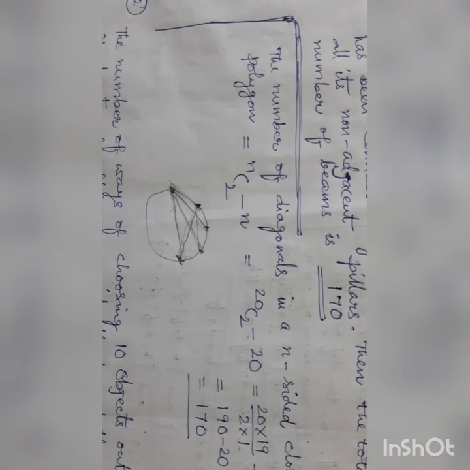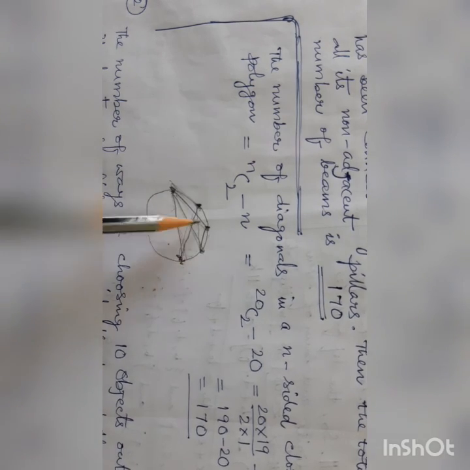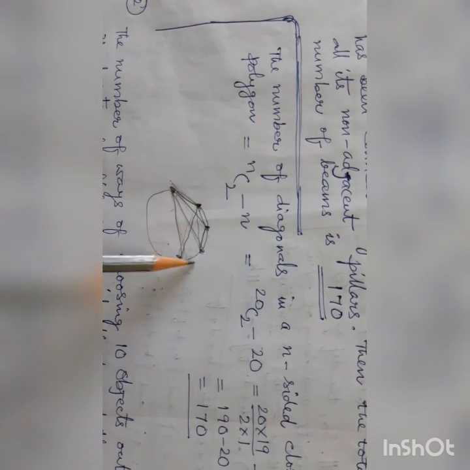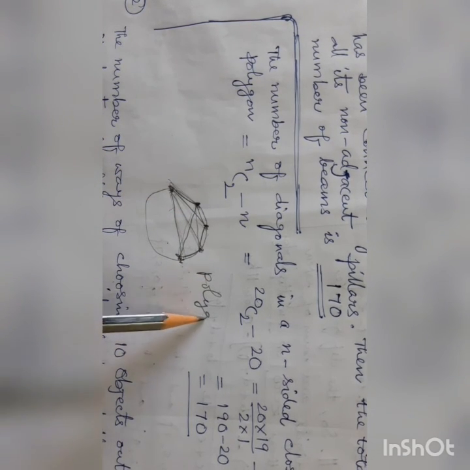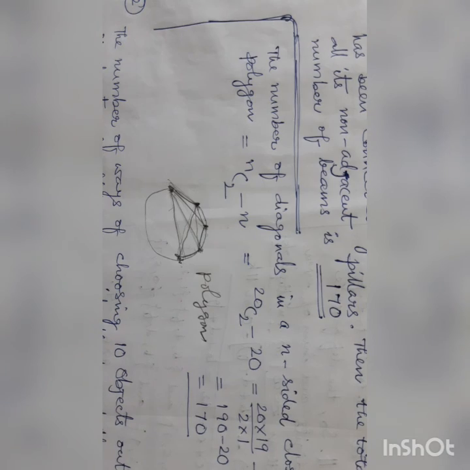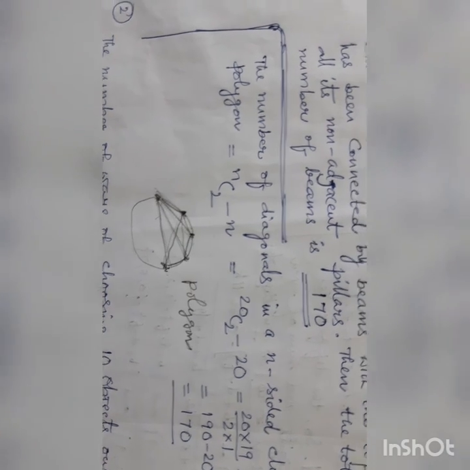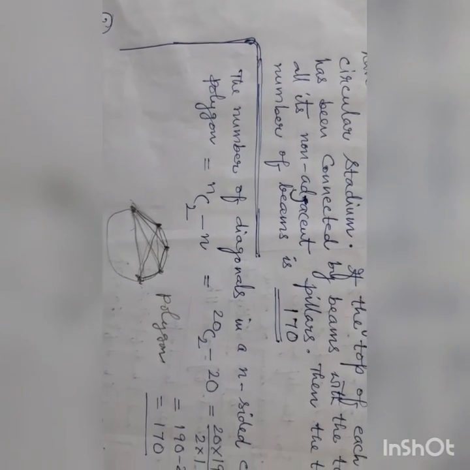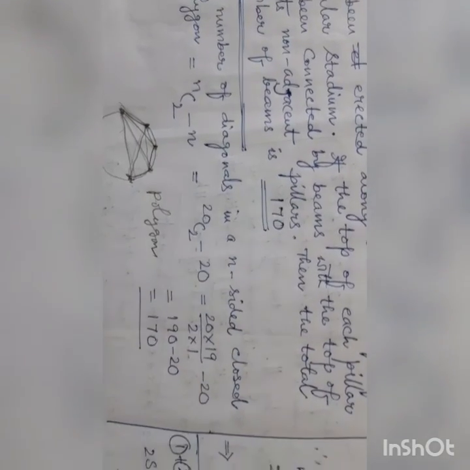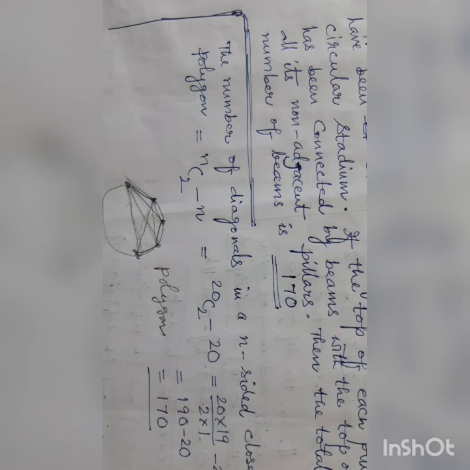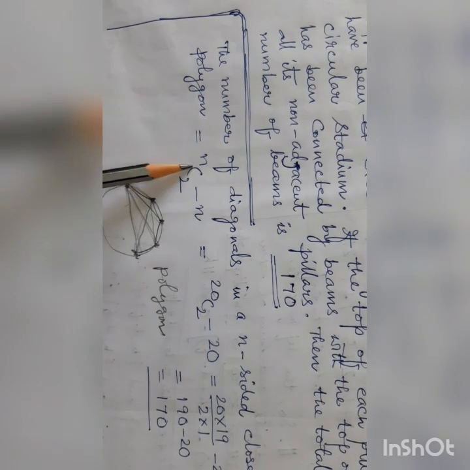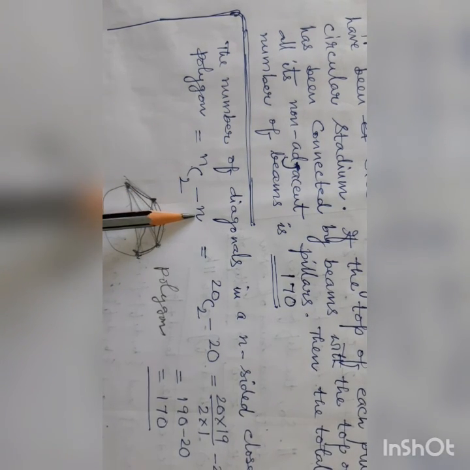So if you keep like this, we are getting a polygon. The number of diagonals in an n-sided closed polygon is nC2 minus n.